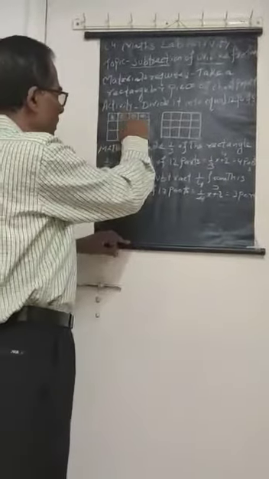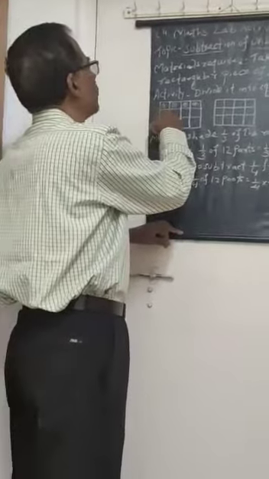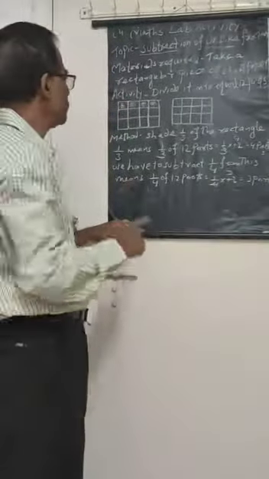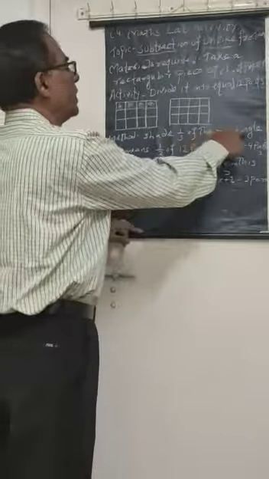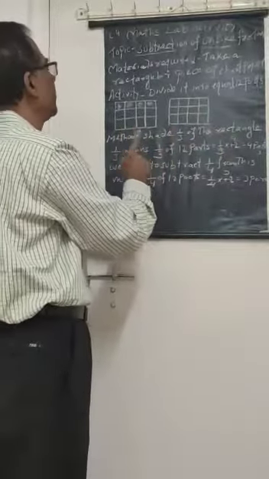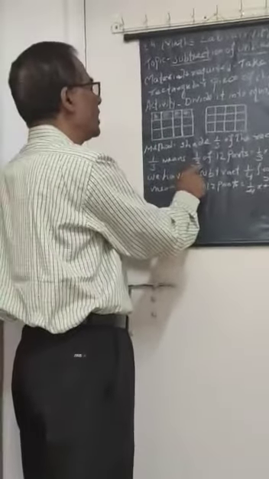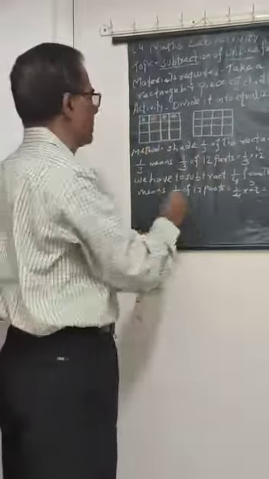Now out of these 12 parts, you shade 4 parts, 1 2 3 4. The method is to shade 1/3 of the rectangle. Out of the total, how many parts are there? 12 parts.